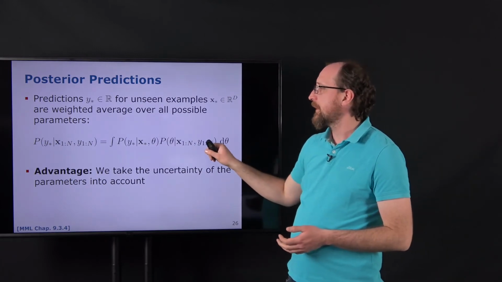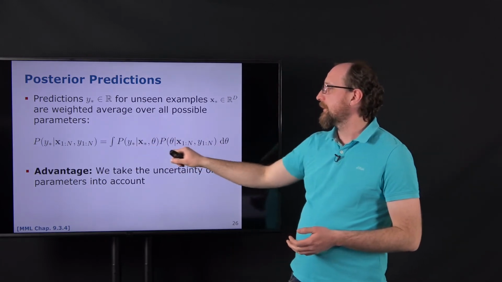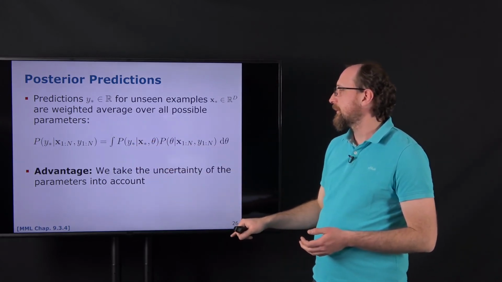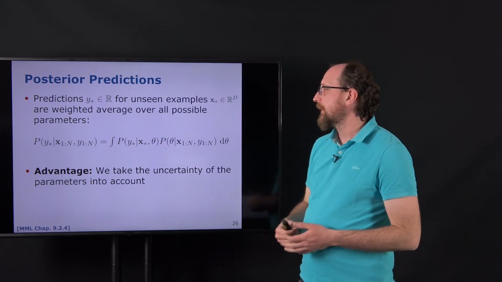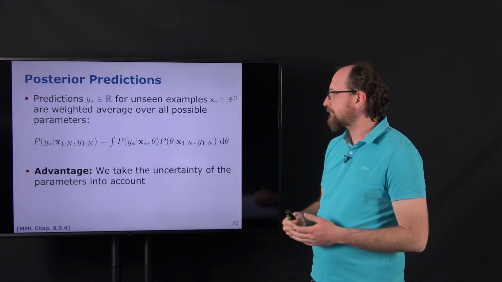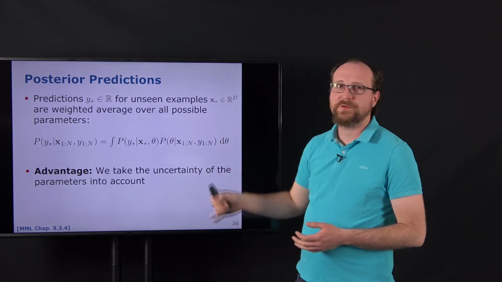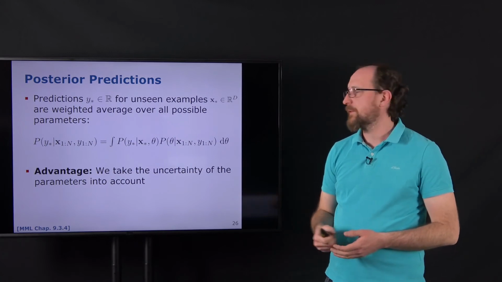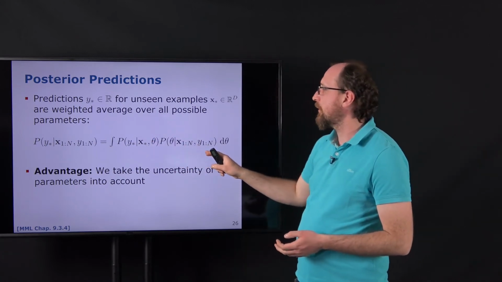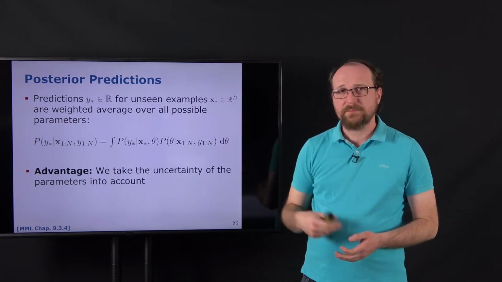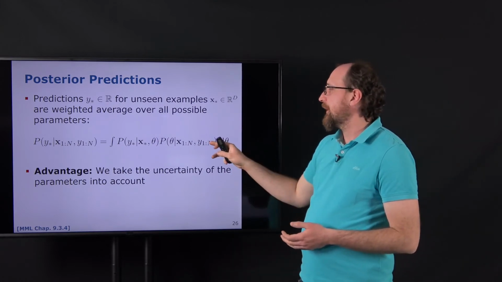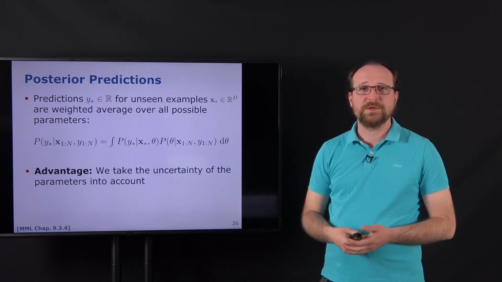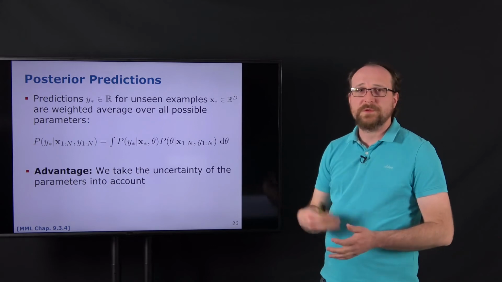As you can see, this is the integral over the likelihood of the specific y star given the x star, our input, weighted by the posterior. This takes into account the uncertainty of all the parameters. So we have a weighted sum over all possible parameter values, and for each of these parameter values, we get out a probability. By using this, we can introduce the uncertainty in the parameters.